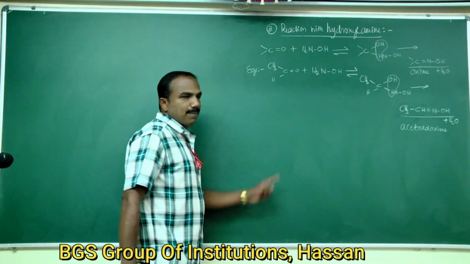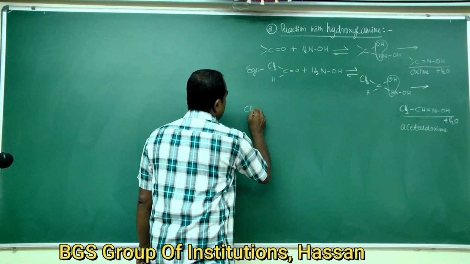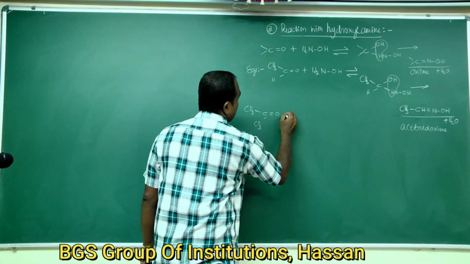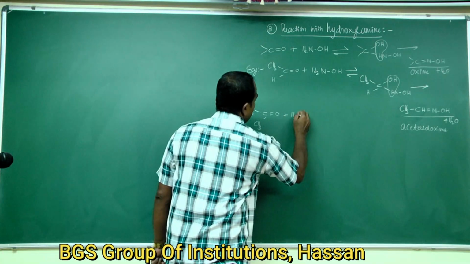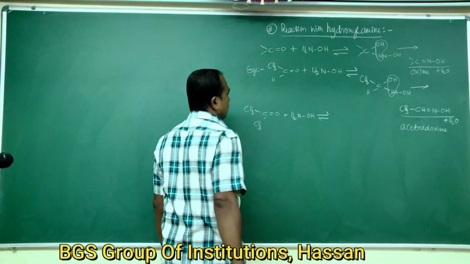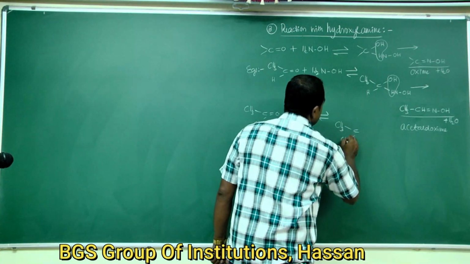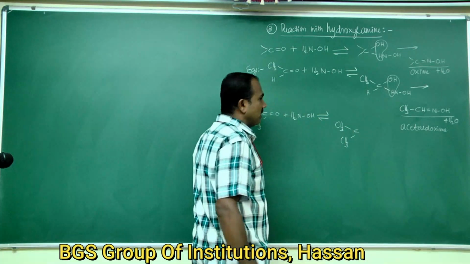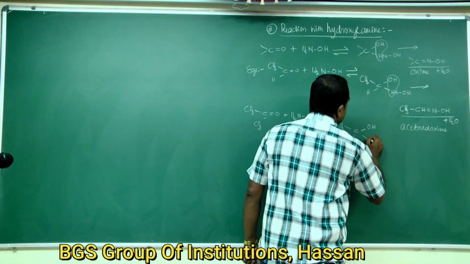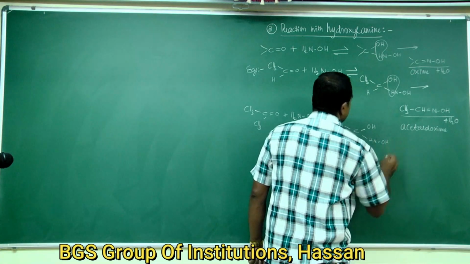Second example, if we take a ketone, that is acetone, CH3COCH3. The ketone on reaction with hydroxylamine gives the intermediate CH3, C, CH3 with OH and NH connected to OH.